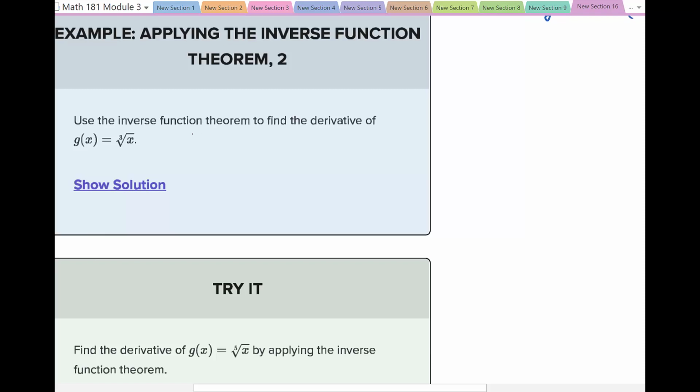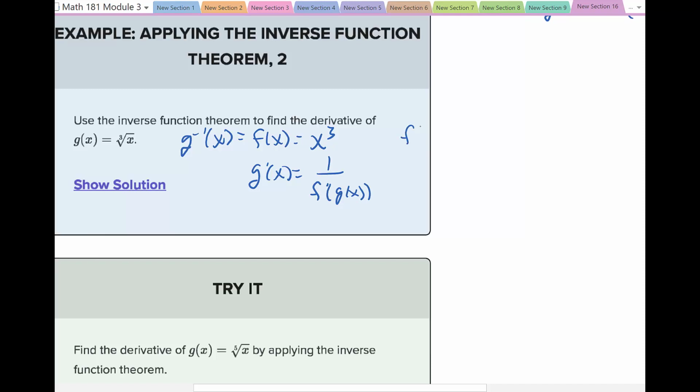Our g inverse of x, which we're going to call f of x, is going to be x cubed. Again, we're looking for g prime of x is 1 over f prime of g of x.